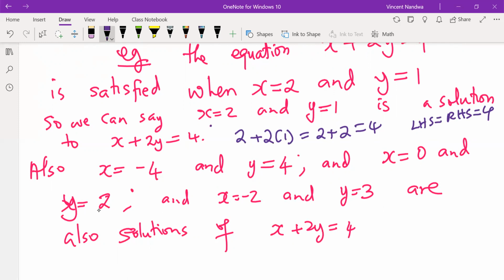Similarly, when you put x as -4 and y as 4, we'll have -4 plus 2 times 4, which is -4 plus 8, which is 4. So you check that the left-hand side is the same as the right-hand side. So that's what we call a solution to the given linear equation.